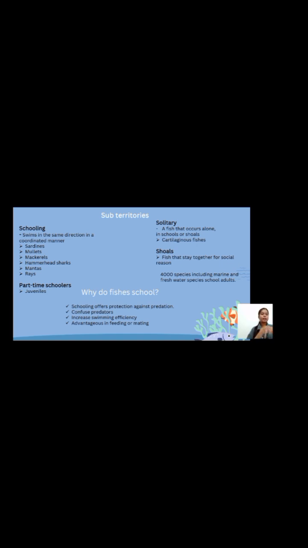For example, if they swim together, that's what you call schooling, their transportation is easier, since in the water, if there are many of them, swimming is easier. When it comes to predators, they can confuse the predators because there are so many of them. So the predators seem to lose their focus.